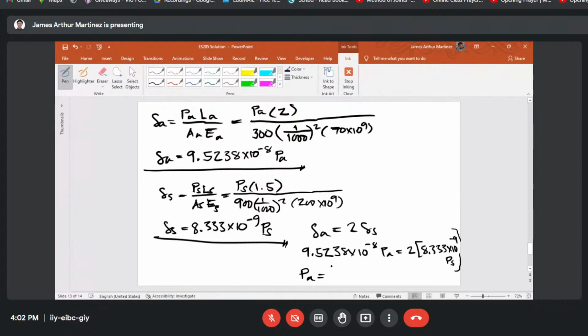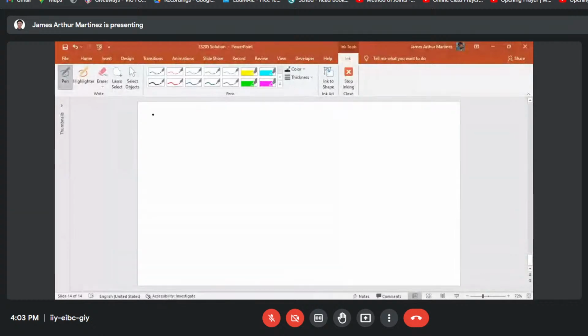You have 0.175 PS. Diba? So, we have the relationship of the internal reactions of both materials. So, sige, based on that, let us answer part A.